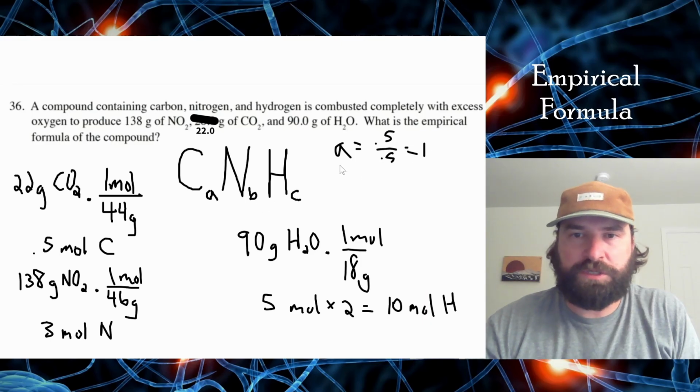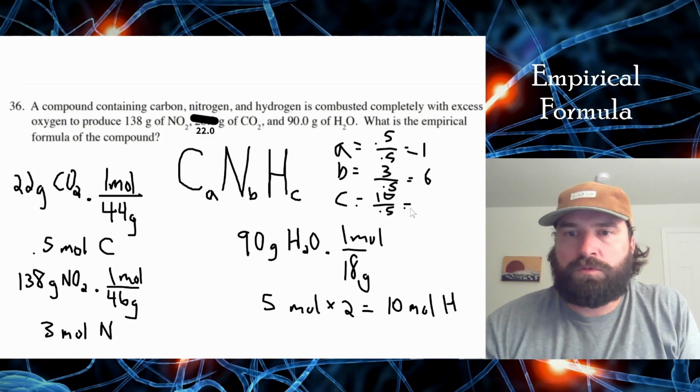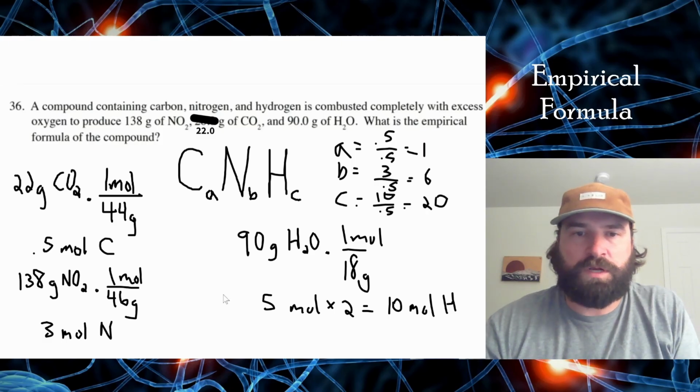Our B, which is our subscript for our nitrogen, is going to be 3 divided by 0.5, which is 6. And then C, our 10 moles of hydrogen, we can divide our 10 by 0.5, which is going to equal 20.